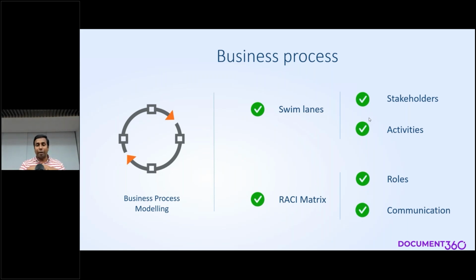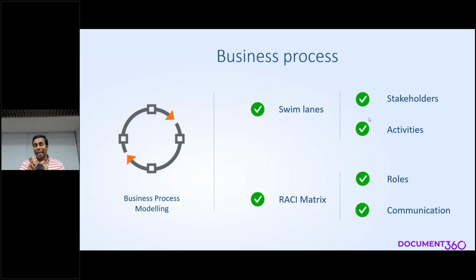And the next aspect of business process modeling is something called the RACI matrix. RACI is an acronym, and it stands for responsible, accountable, consulted, and informed. Because you're working in this business process where there are multiple stakeholders from your business, if a lot of people are involved, you have to segregate their roles and responsibilities.